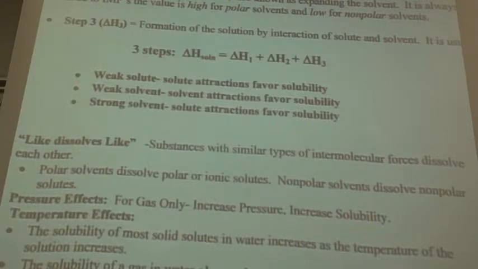Those substances with intermolecular forces, really quick, the types of intermolecular forces are London dispersion, hydrogen bonding, and dipole. So if you have a nonpolar solute and solvent that both just have London dispersion forces, chances are they will dissolve. Why?